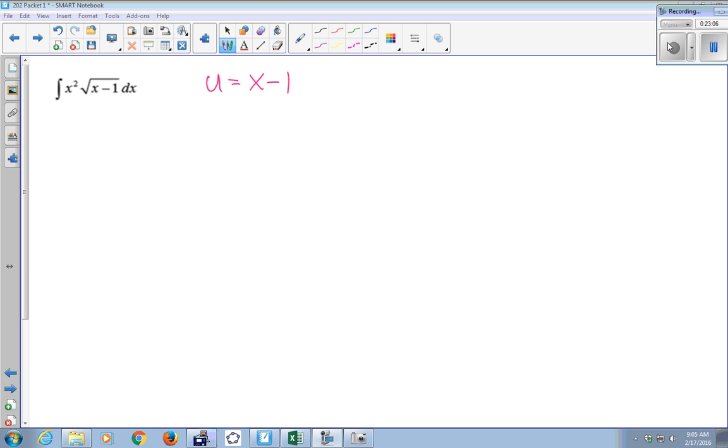All right, so that means du/dx is 1, which means du equals dx. So then we go back to our integral and make all our substitutions. I have the integral, x squared doesn't have a direct substitution, and then this becomes the square root of u, which is the same thing as u to the 1/2, and dx becomes du.